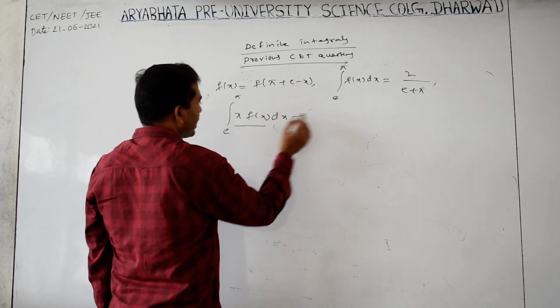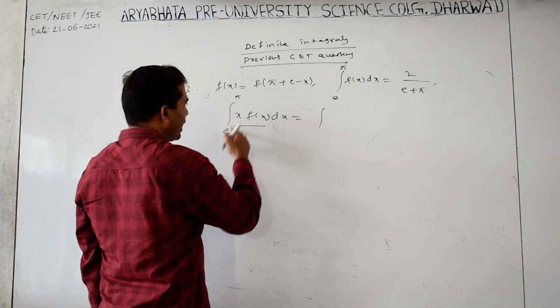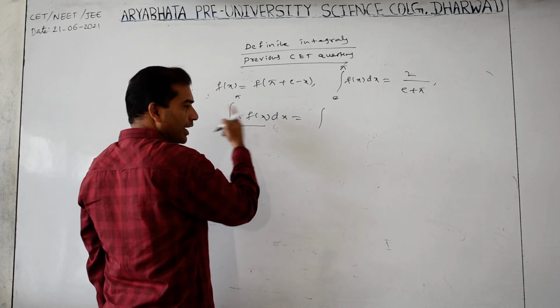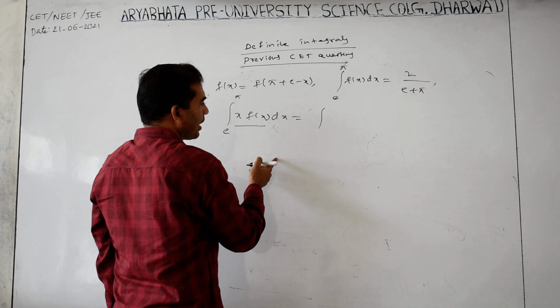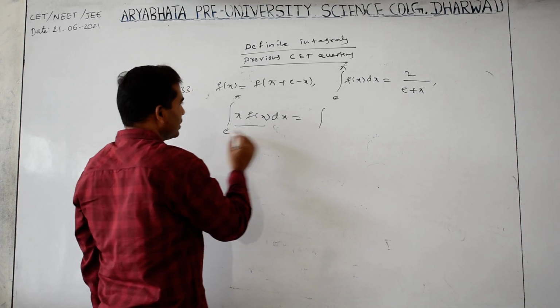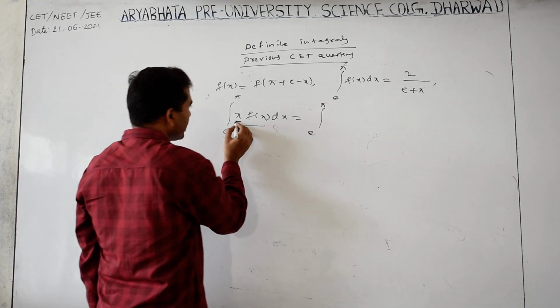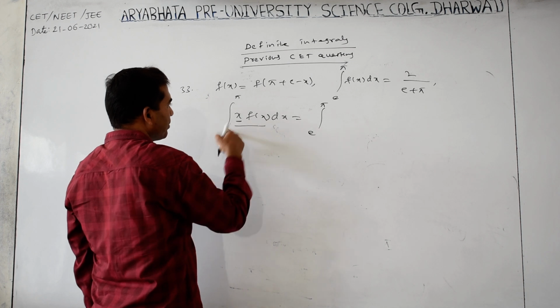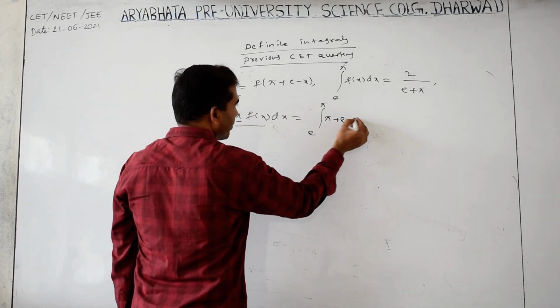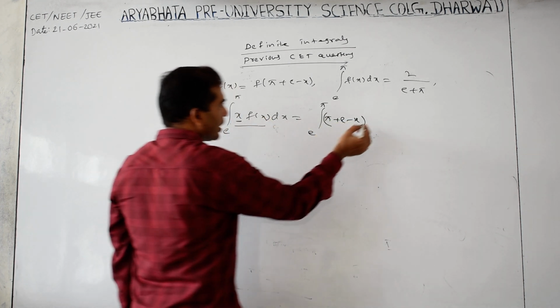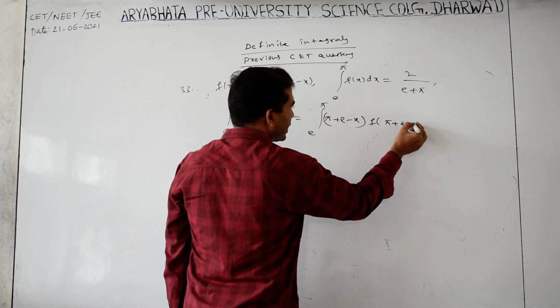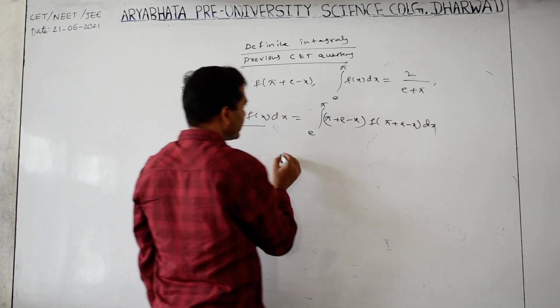Use this property: integration of a to b f of x dx equals integration of a to b f of a plus b minus x dx. Understood? Here the limits are e to pi, so in place of x we write a plus b, pi plus e, minus x. Here also f of pi plus e minus x dx.